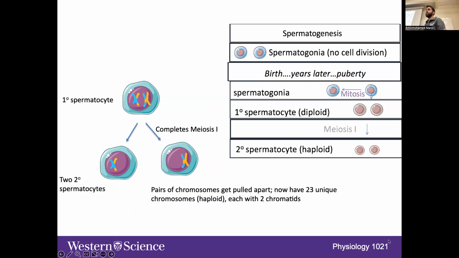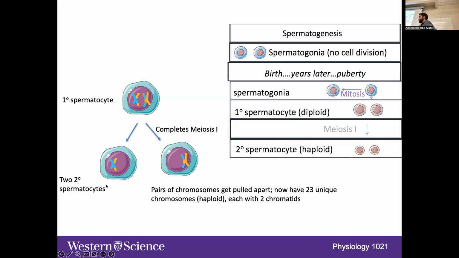So at this point, we now have 23 chromosomes in one cell and 23 chromosomes in the other. One has the dad's genes and one has the mom's genes. But again, keep in mind, they're not all dad's and all mom's now because crossover took place. It's a mix and match event. At this point, though, they are 23 chromosomes. We refer to this as haploid, or just N. Diploid was 2N, haploid is N.